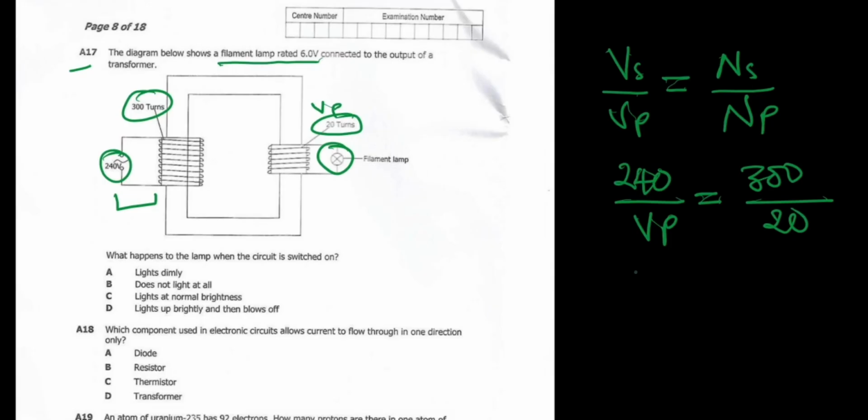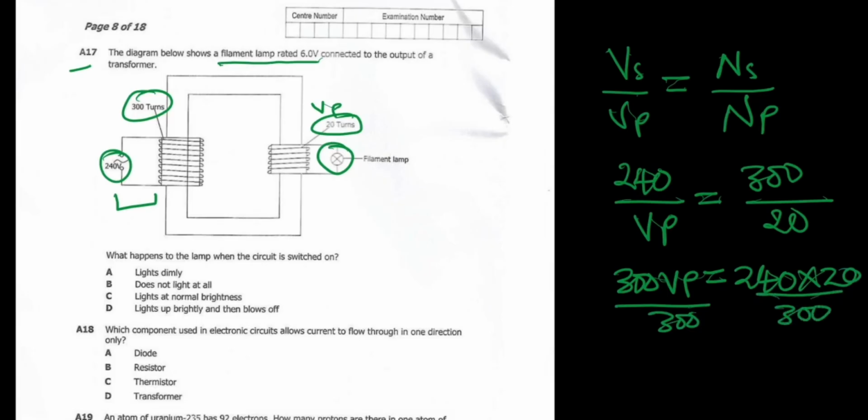So this is going to give us 300 Vp is equal to 240 by 20. And here we are going to divide by 300 by 300. So the voltage in the primary circuit is actually going to be 16 volts.